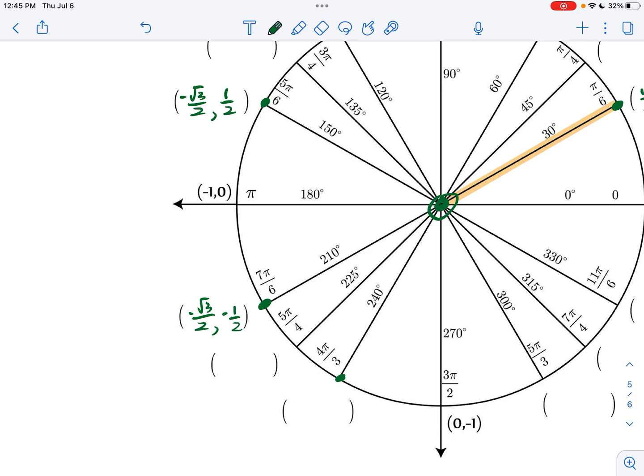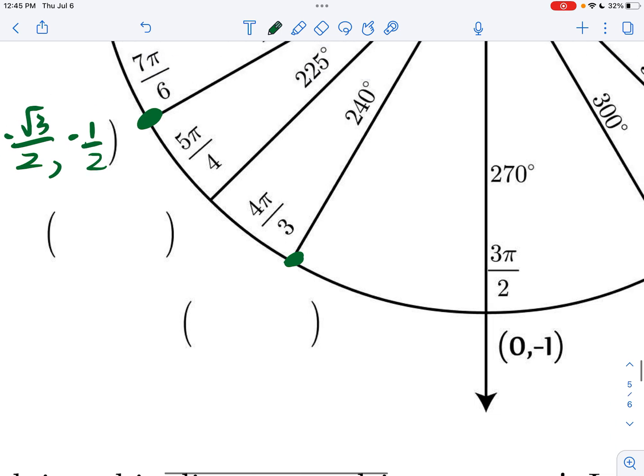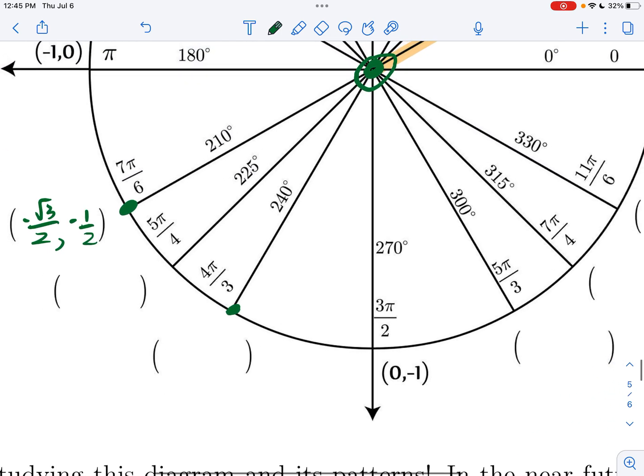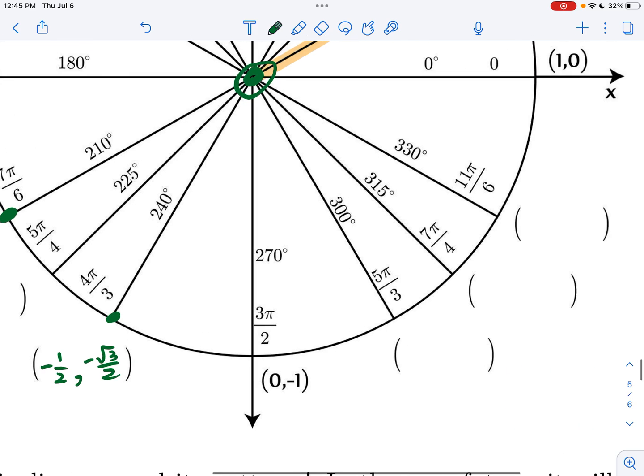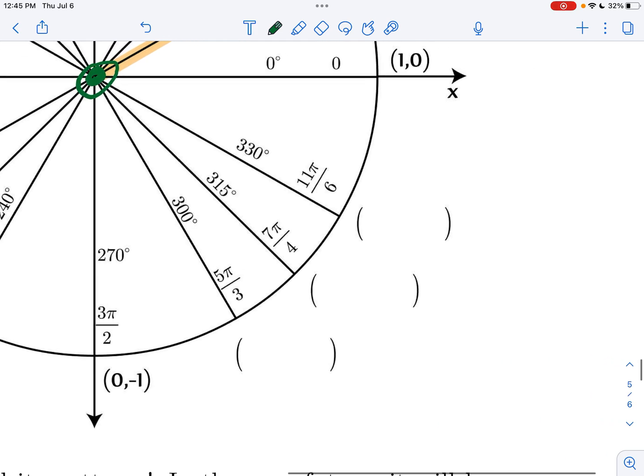For 240 degrees, our y coordinate is almost negative 1 because we're almost at the very bottom of the circle. That's paired with something like 1/2, which would be negative in this case. Here for 300 degrees, the y-coordinate is almost at the very bottom.